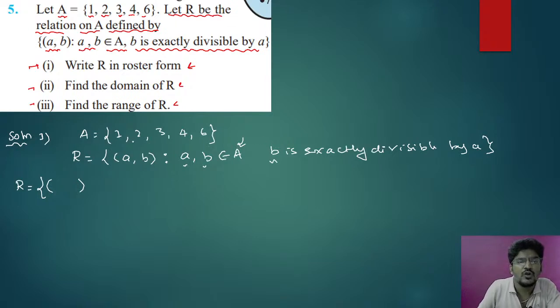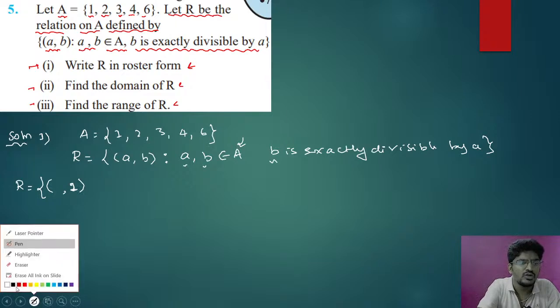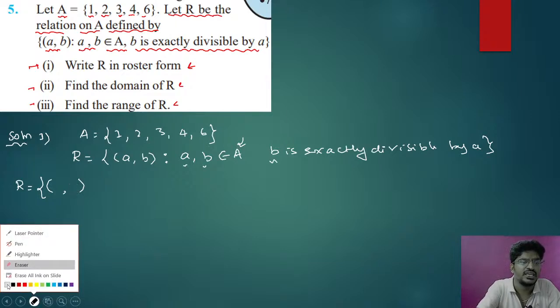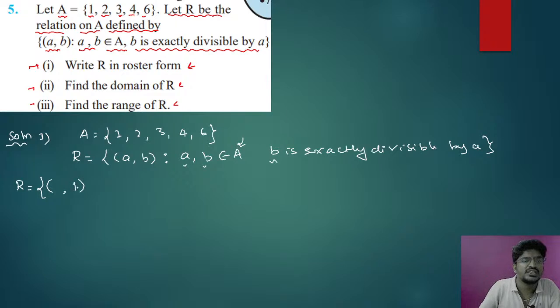So first, no problem, I will write the b element. That is 1. First I will write 1. Why? Because both a and b belong to set A. So now, b is exactly divisible by a means 1 is exactly divisible by what?